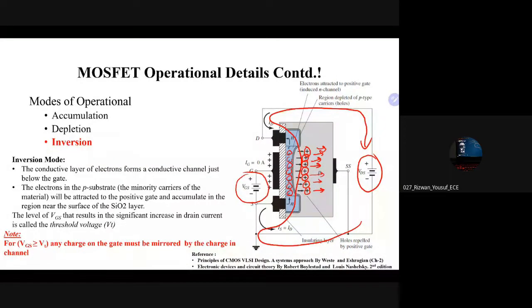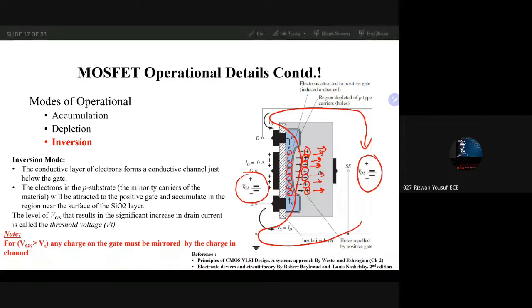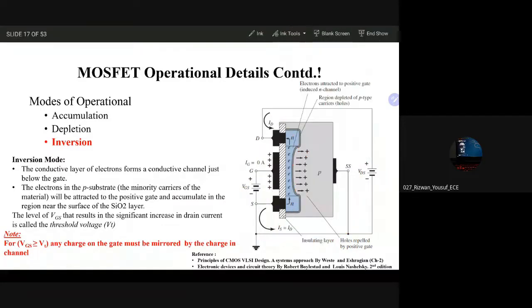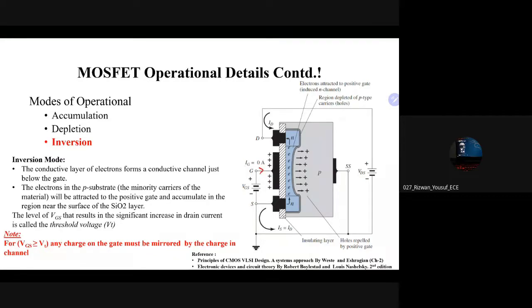Okay. And in this entire operation, one thing is very interesting to note down, that once we apply VGS to the gate, gate current is zero. Gate current is 0 amperes. Why? Because there is a silicon dioxide. This is SiO2. Okay.